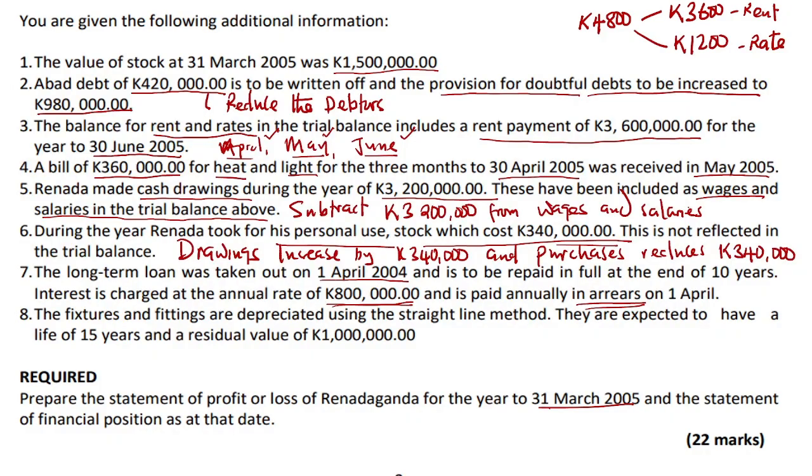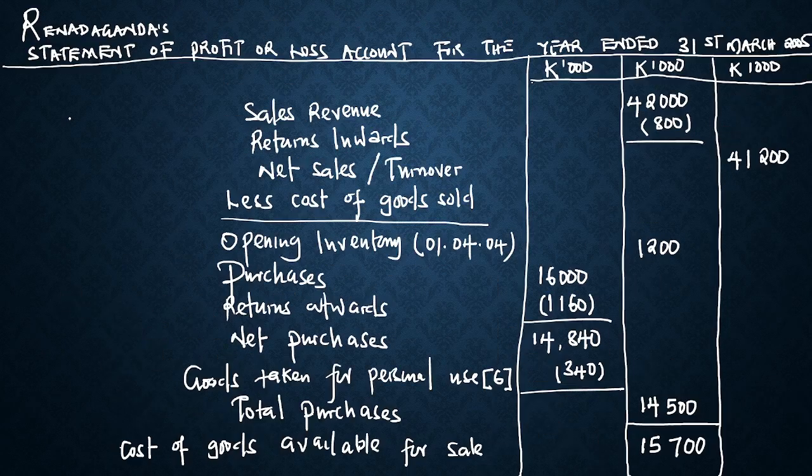Remember, we did mention it's going to reduce by the 420, also going to reduce by the 980. Do we remember these adjustments on the receivables?